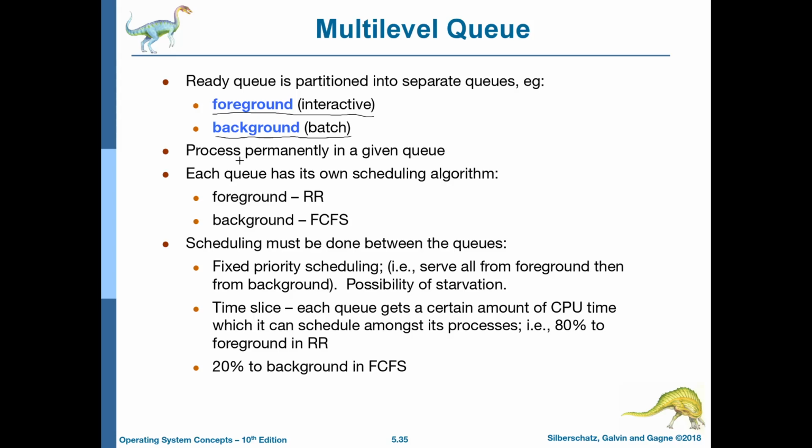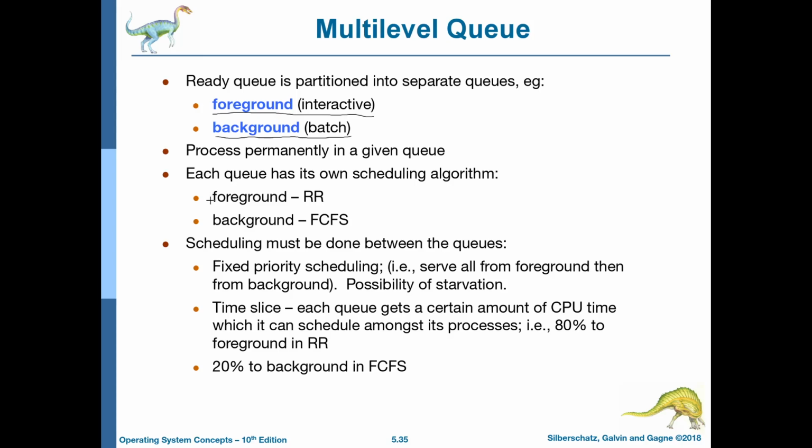Now, frequently in this particular setup where you have multiple levels of queues, a process will be assigned to a specific queue in this setup. So when a job is assigned to the background queue, it will always be a background job and will always get pushed back to the bottom of the background queue.